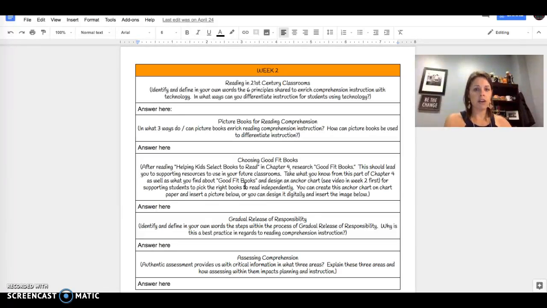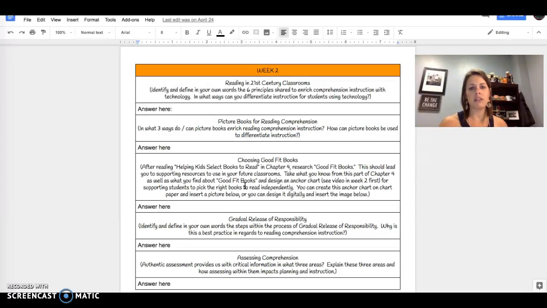First of all, reading instruction in 21st century classrooms. Technology has made textbooks and readers for children and any type of material so accessible. In chapter 4, the textbook authors speak to 6 principles to enrich comprehension instruction with technology.